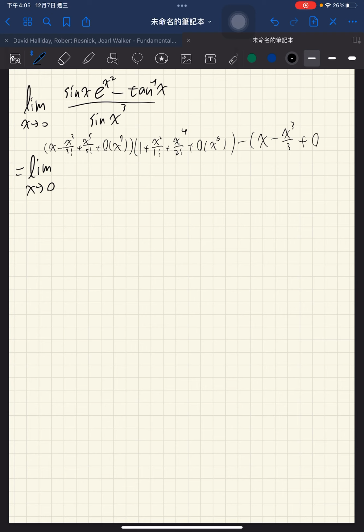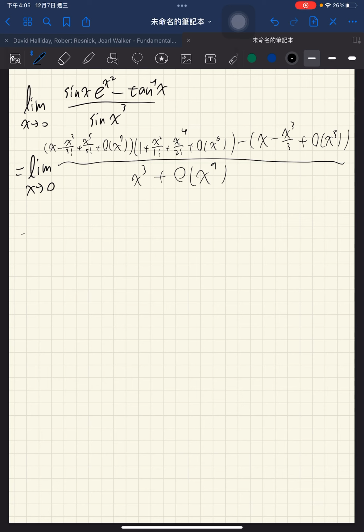Okay, and the denominator is just x to the third power, and the other term is too big. The power is too big, so we will leave it here. No, ninth power.